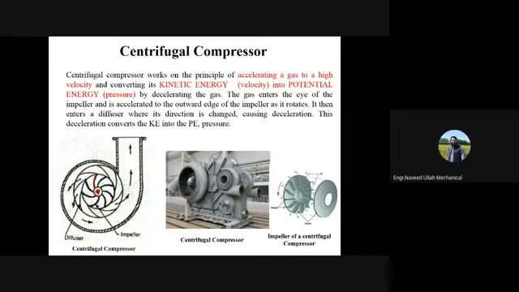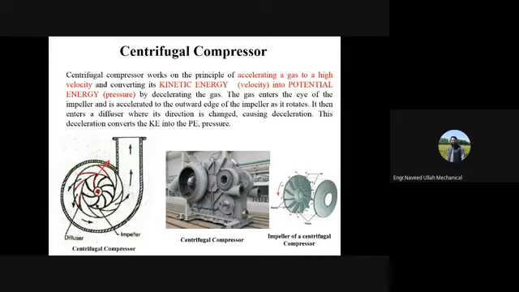And then after that, these are the curved vanes, which are stationary, right? So if you see here, the fluid then enters a diffuser where its direction is changed, causing deceleration. The direction of the working fluid flow should be like this, but you see here that there is a vane, so the direction is changed.